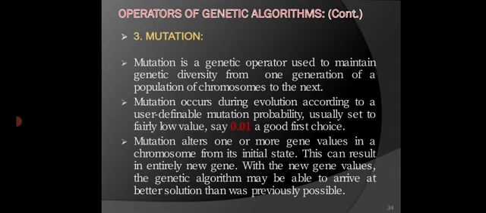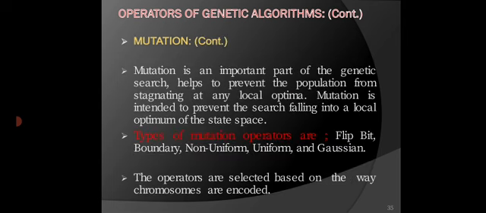It may happen that the result is better than the previous one, right? Mutation is an important part of the genetic search, helping to prevent the population from stagnating at any local optima. So we cannot provide a large boundary for the calculation. It cannot stick to a local optimum point.